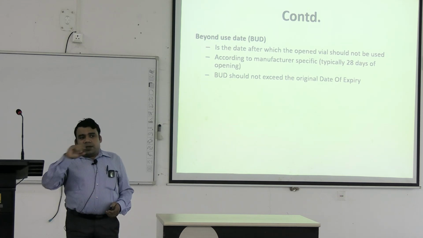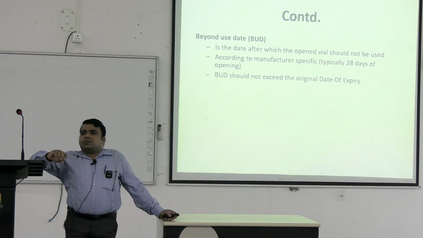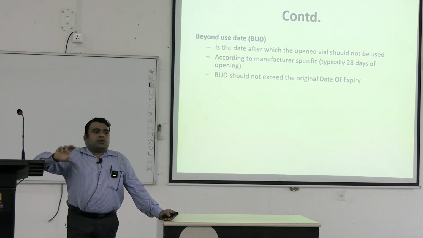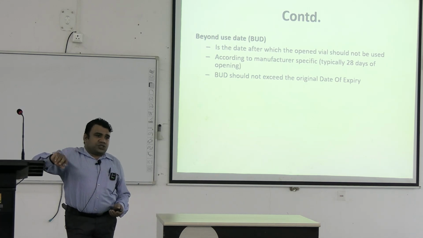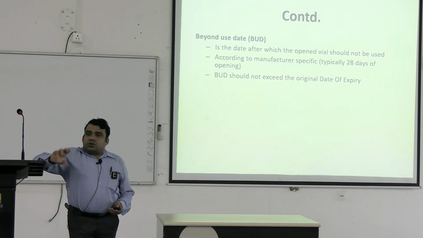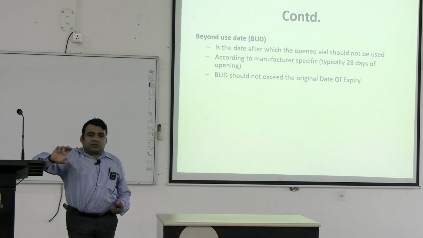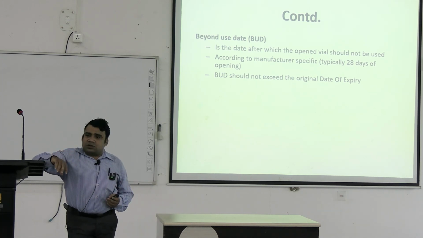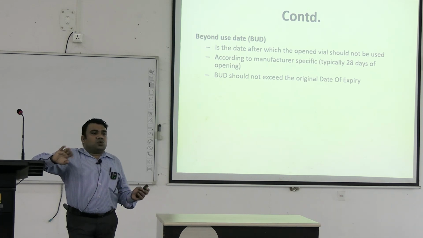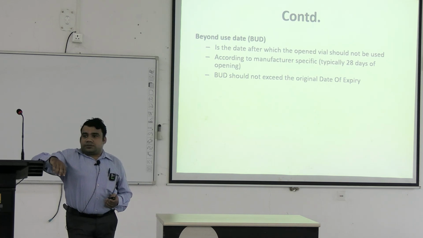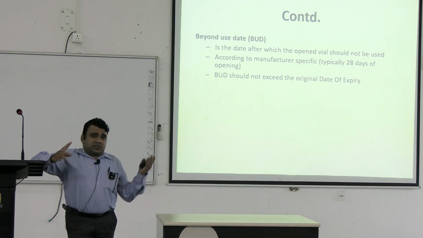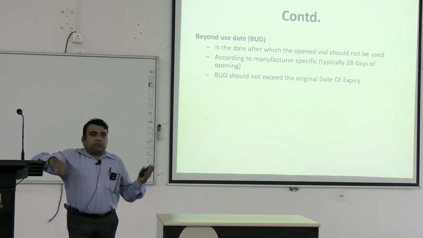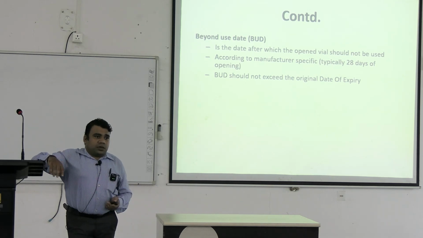But suppose there is a vial, okay, say xylocaine used for any local procedure for anesthesia. So a 40 ml xylocaine vial can be given to numerous patients on multiple occasions. You have opened a vial of xylocaine today. How long should you use it? The expiry date is 1 year or 2 years later on.